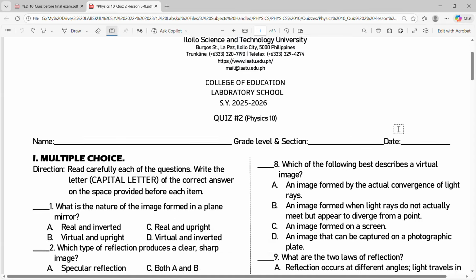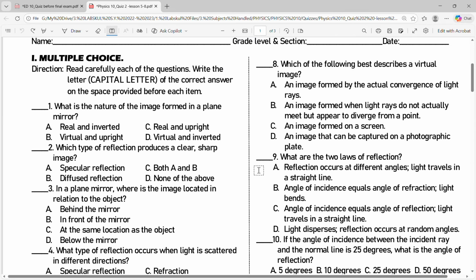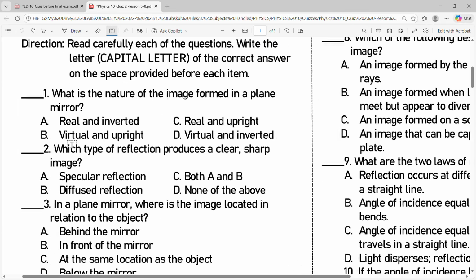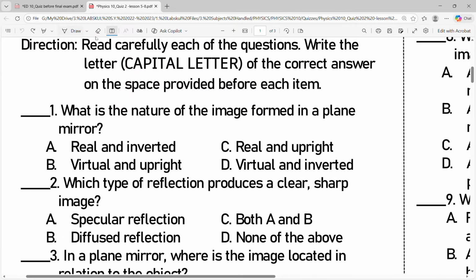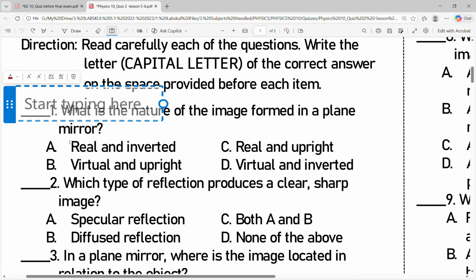Okay, now let's begin. For test 1, multiple choice. What's the nature of the image formed in a plane mirror? Remember, guys, all throughout the sessions that we conducted, even investigating the simulation application, and even investigating real mirrors and lenses, I told you to describe or characterize them based on the mnemonic: location, orientation, size, and type.